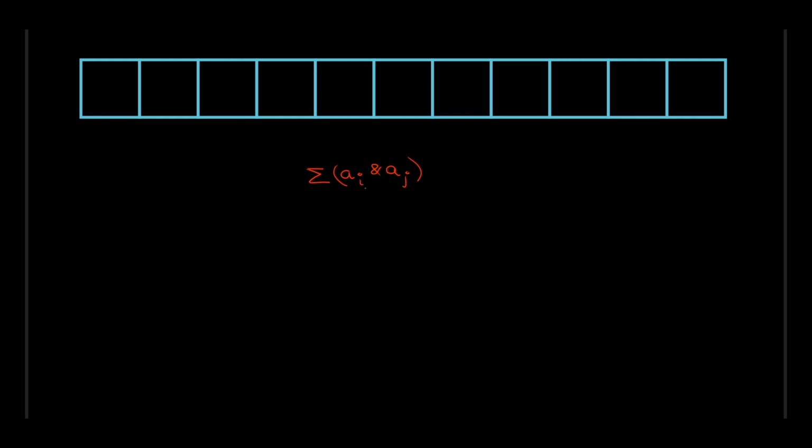You have to compute the sum of bitwise AND of all AI and AJ, where AI and AJ are a subsequence of length 2.